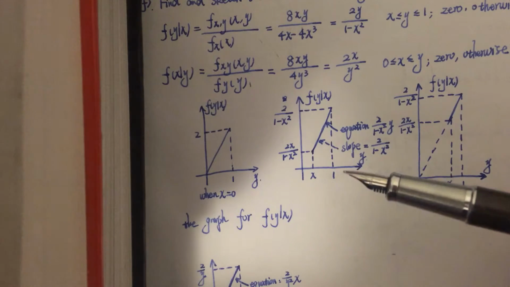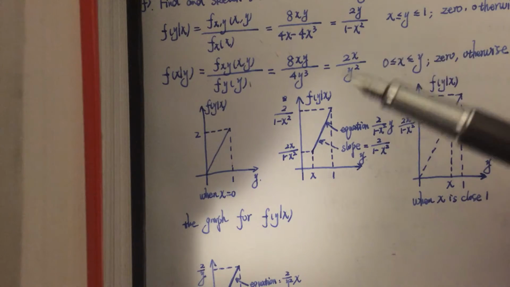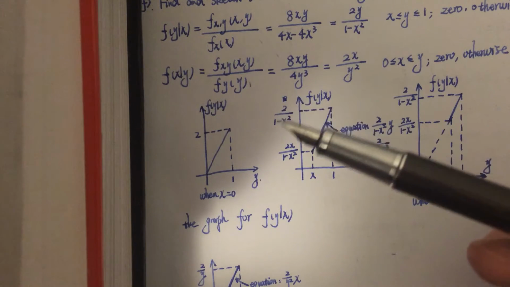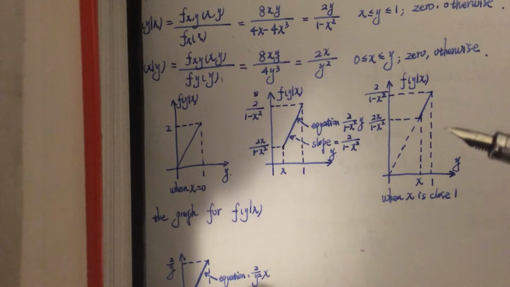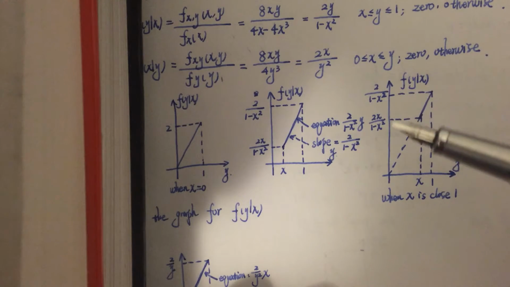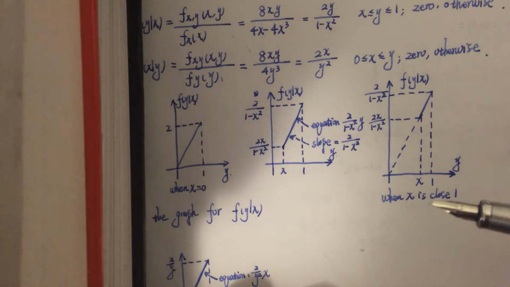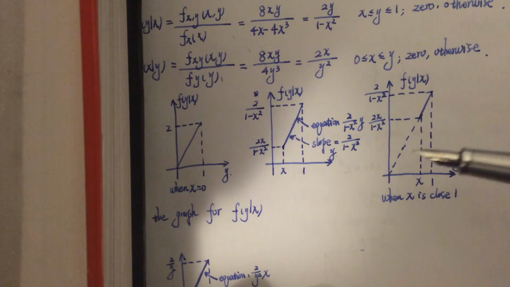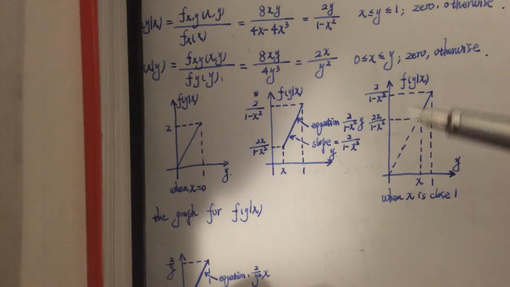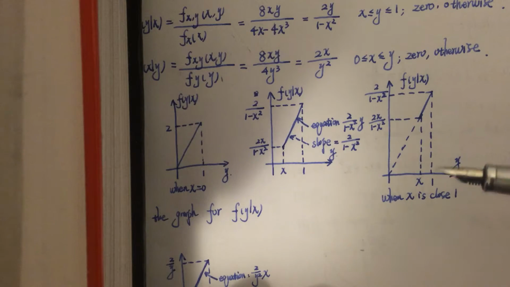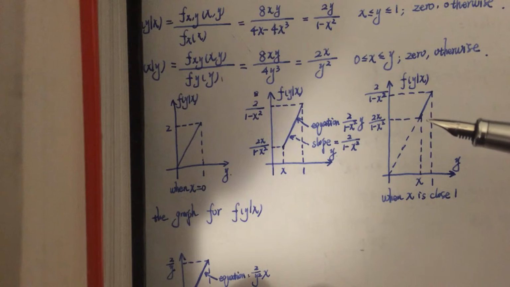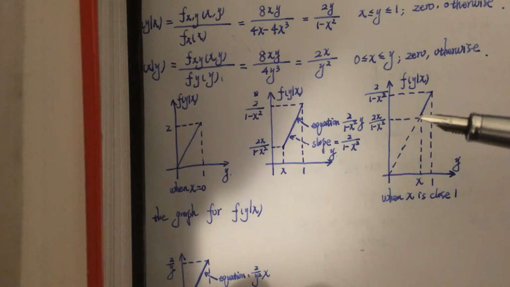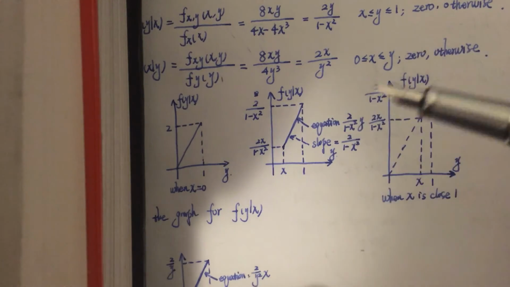When y equals 1, the value will be 2/(1 minus x squared). And when x is close to 1, the graph is just like this.